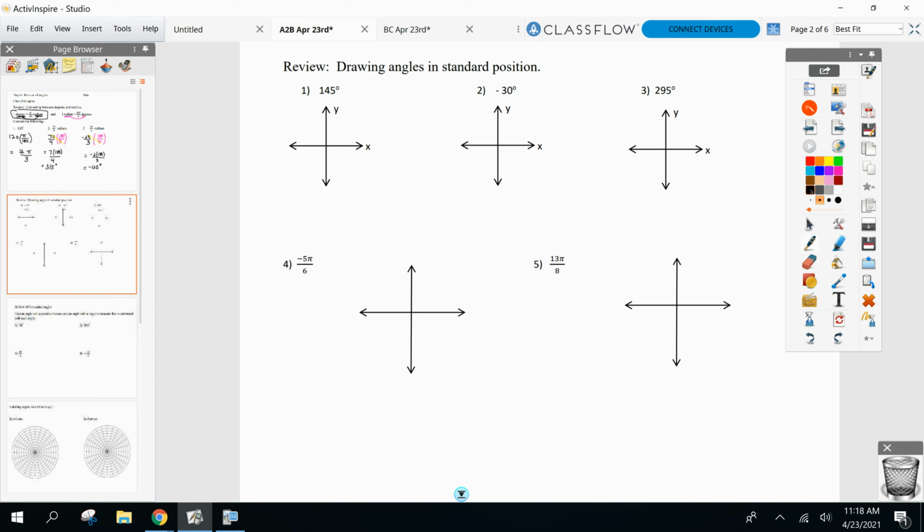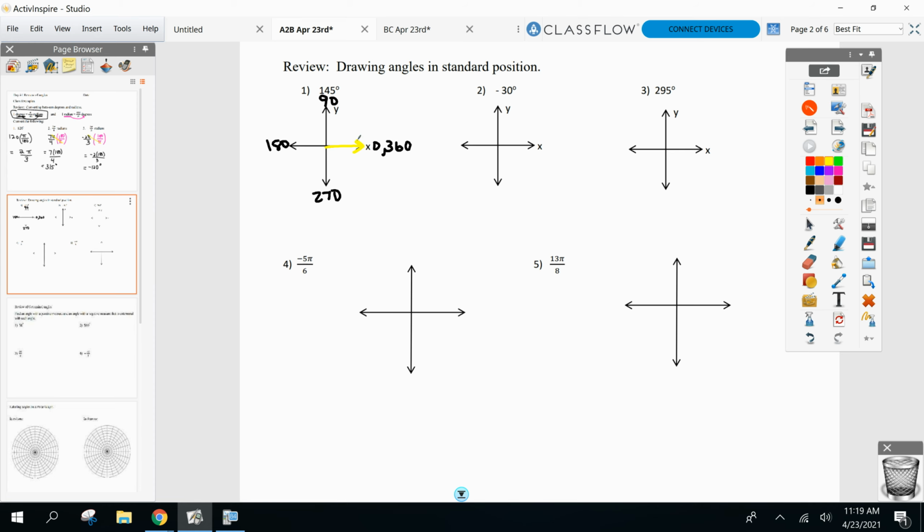Let's refresh our memory on how to graph. First, you start at 0 degrees on the x-axis, then you go counterclockwise. Then it goes 90, 180, 270, back to 360. Counterclockwise is positive. So if I'm asking you to graph 145, the first side of the angle is always on the positive side of the x-axis.